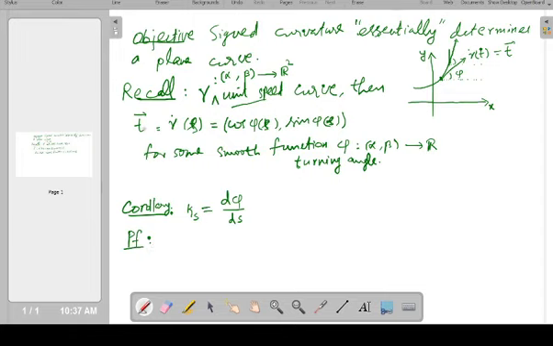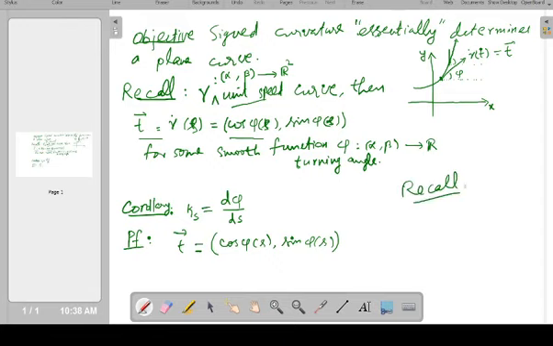From this equation you have vector T equal to cos phi of s, sin phi of s. Now recall what signed curvature is. How did we define it?